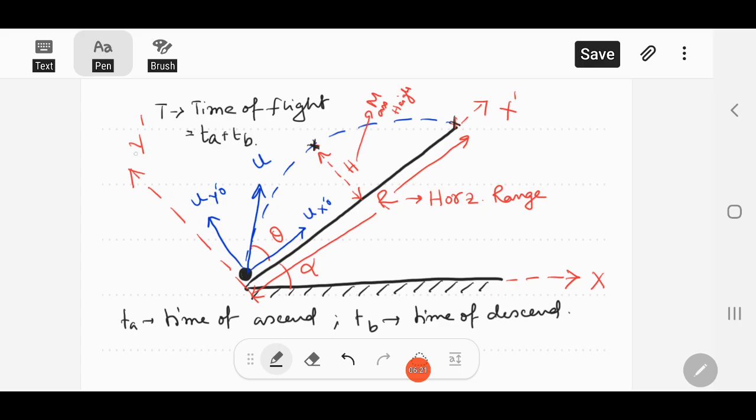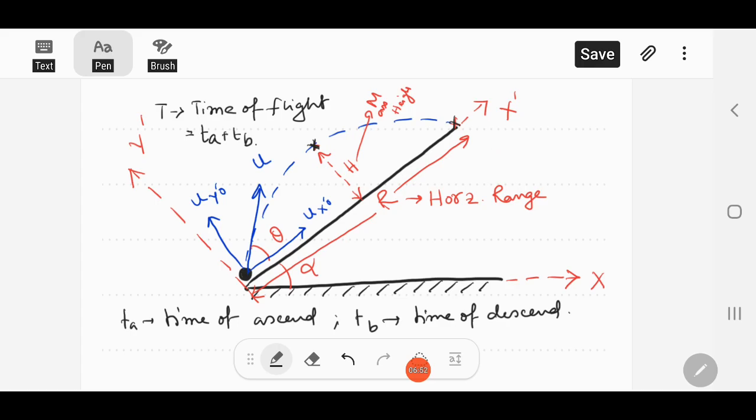We'll refer to y dashed as vertical and x dashed as horizontal from now on. The initial velocity of the object is u, which we have resolved into two components: ux dashed naught is the horizontal component of the initial velocity, and uy dashed naught is the vertical component of the initial velocity.